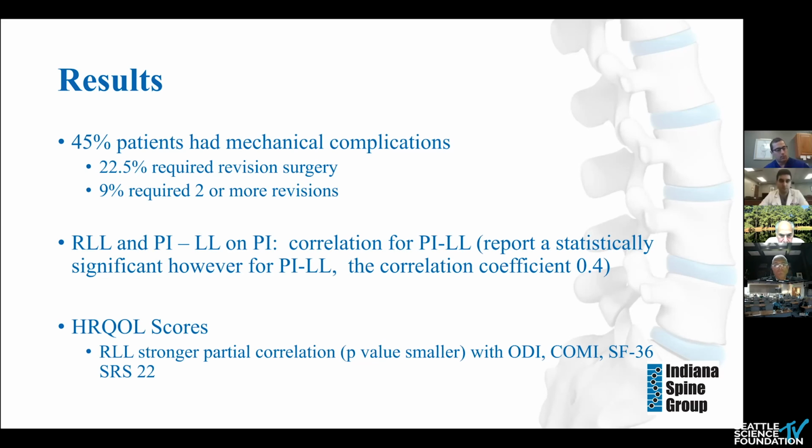But if you actually look a little bit more into the statistics there, you look at the actual correlation coefficient, and it's been a while since I've done basic statistics, but 0.4 is usually not a very good fit for linear relationship there, but statistically significant. The health-related quality of life scores, both groups, RLL versus a mismatch group, both showed statistical significance. The p-value was smaller using the RLL.